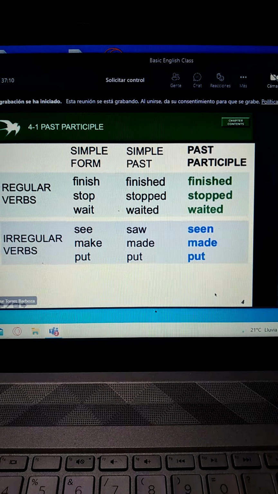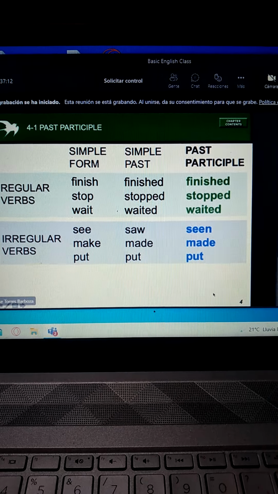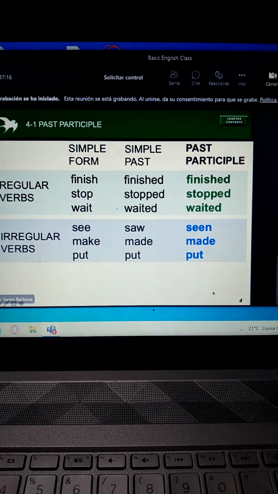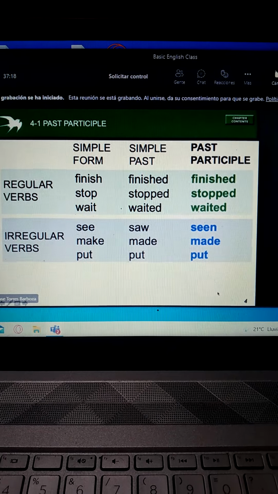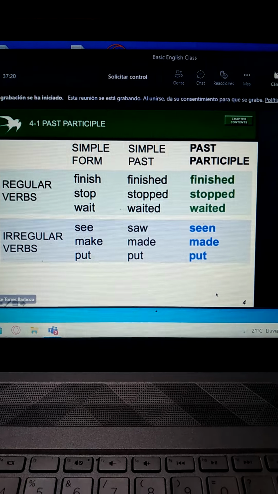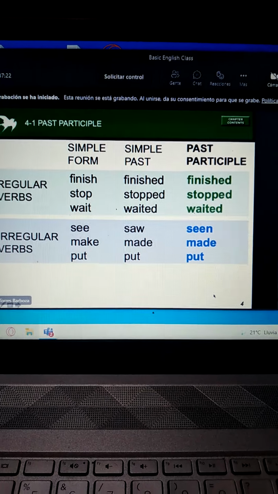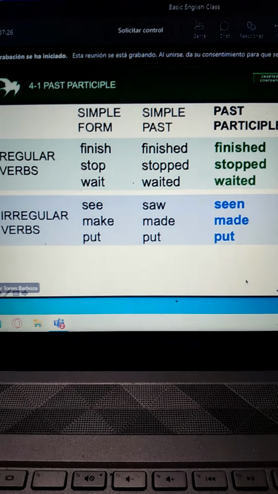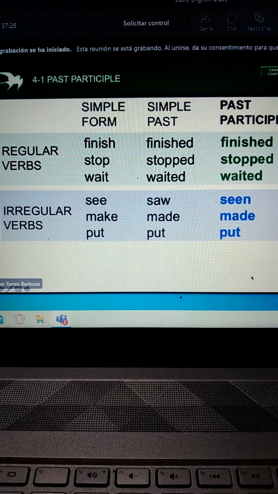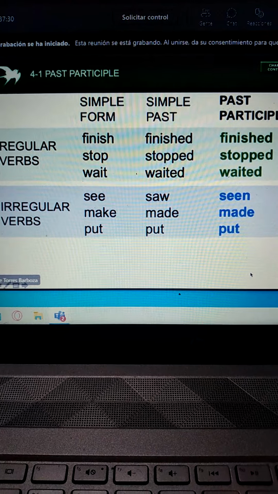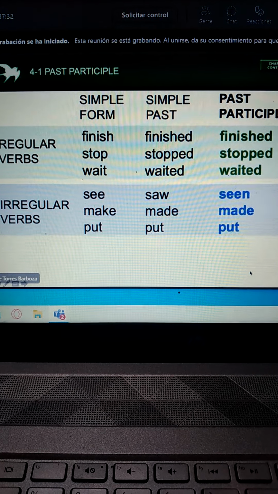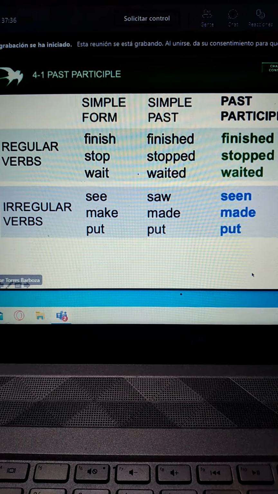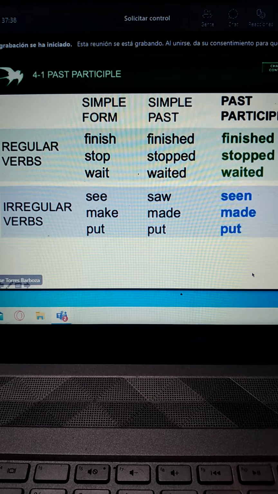Yesterday I drove a car in the past, and the past participle, I have driven a car. Drive, drove, driven, for example. See, saw, seen. Let's see what else. Go, for example, is really irregular. Go in the simple past is went, and in the past participle it is gone.